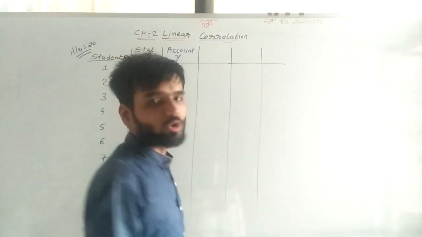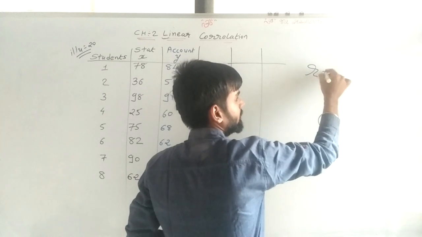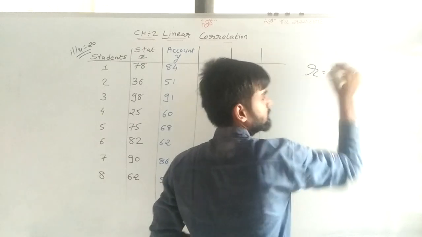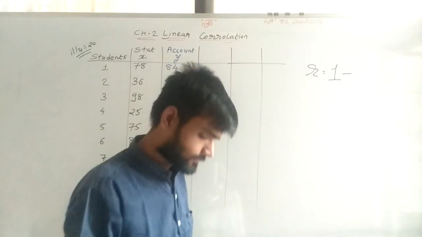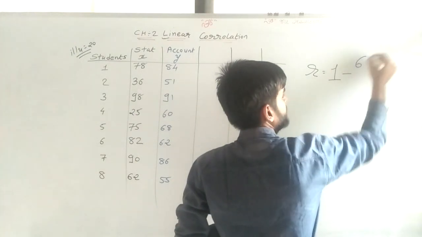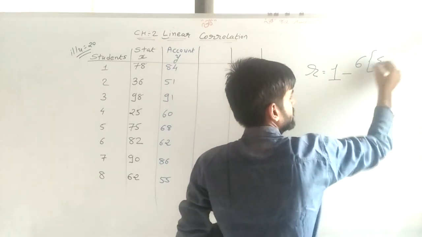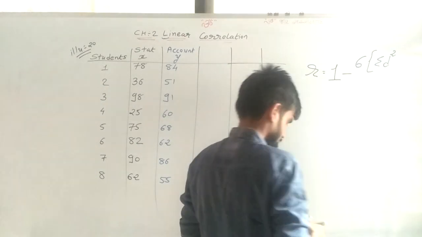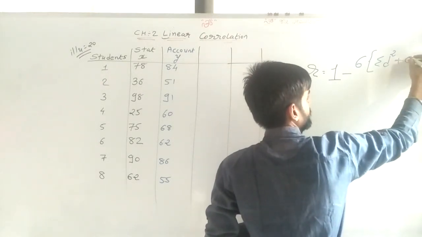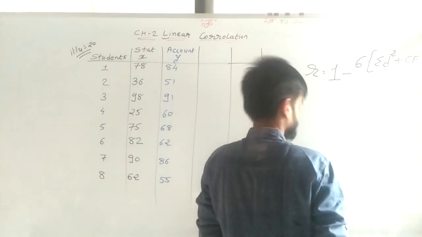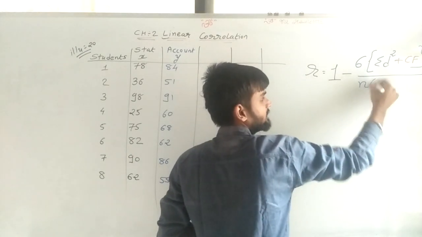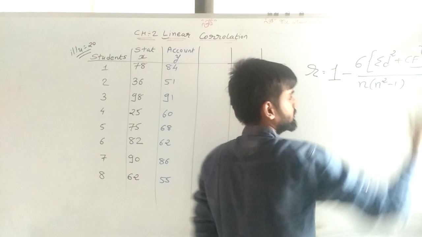So Spearman's rank correlation formula is R equals 1 minus 6 sigma d square plus CF, upon n square minus 1.